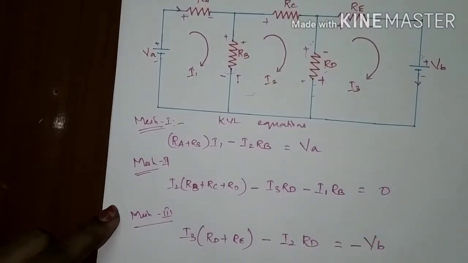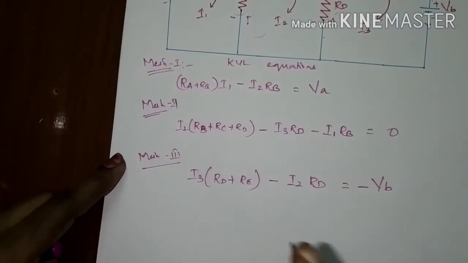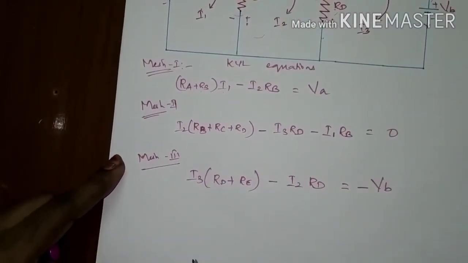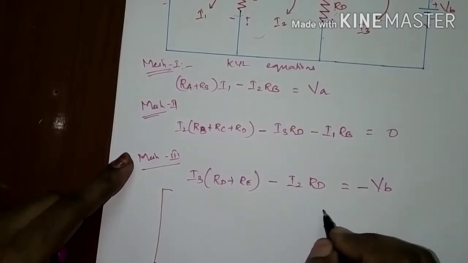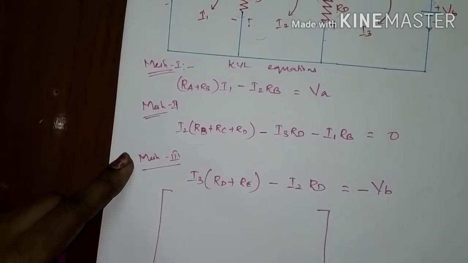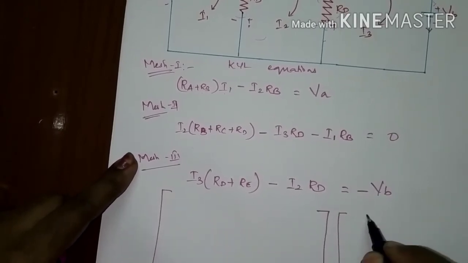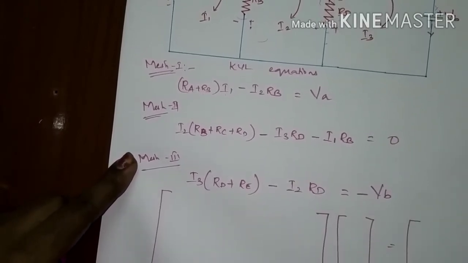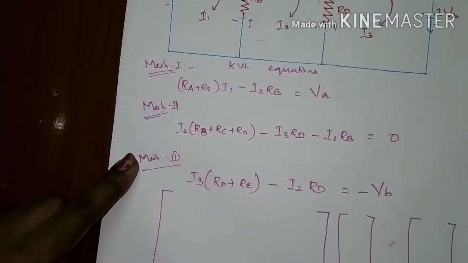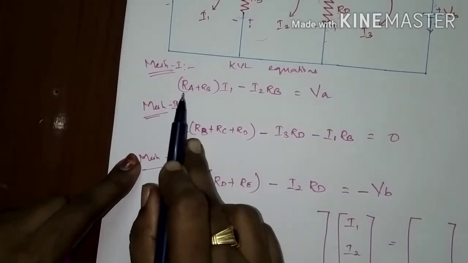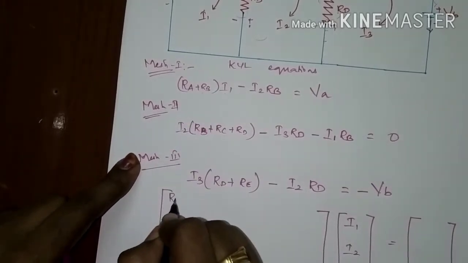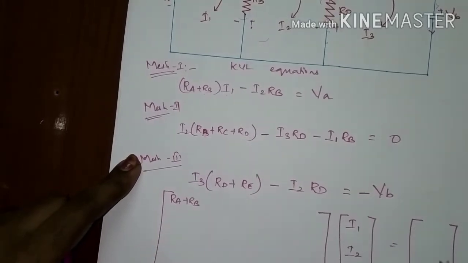By using these KVL equations, we can write the matrix or determinant form. I'll write a matrix equation of 3 cross 3 according to Ohm's law. The first mesh is I1 current, the second mesh is I2 and the third mesh is I3. For the first mesh, I1 has RA plus RB.